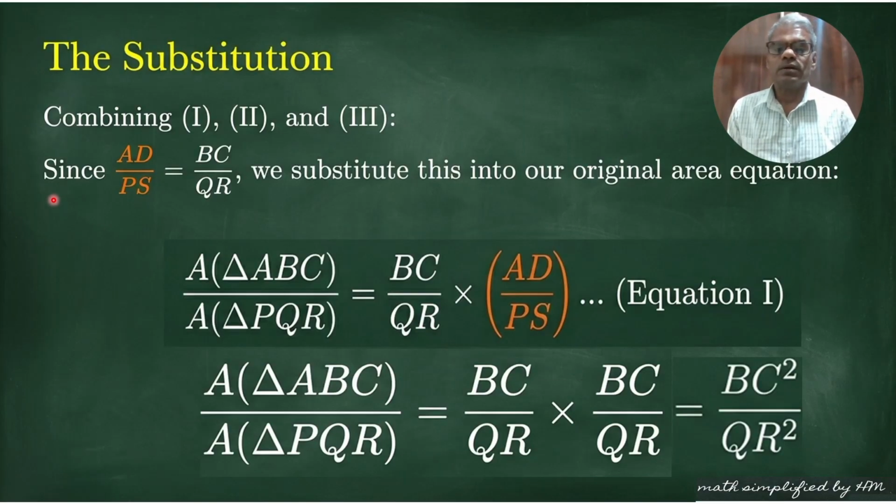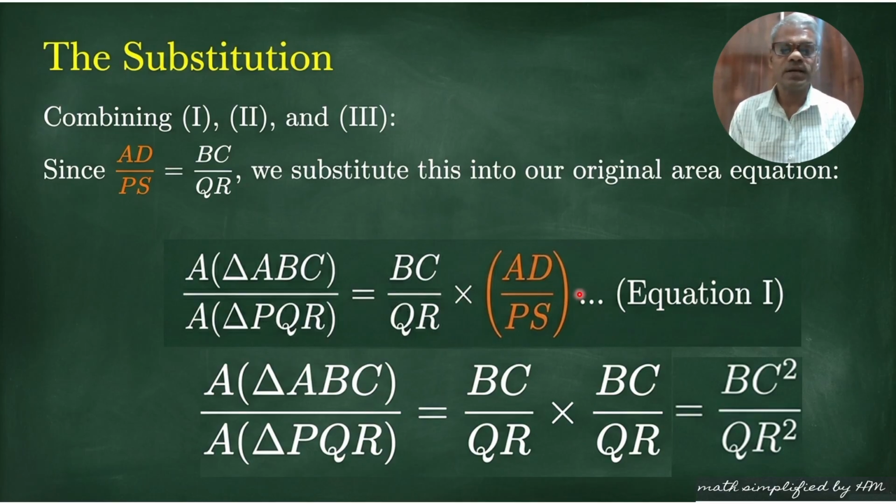Now, combining 1, 2 and 3, since AD upon PS is equal to BC upon QR, we replace AD upon PS with BC upon QR. We substitute this into our original area equation, that is area of triangle ABC upon area of triangle PQR is equal to BC upon QR into AD upon PS, which we have named as equation 1.